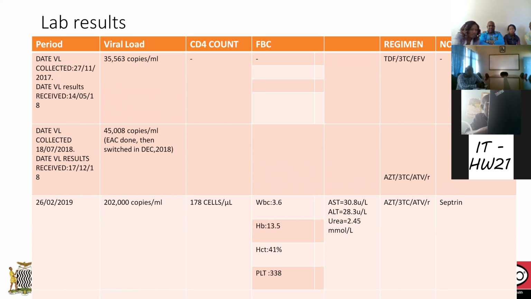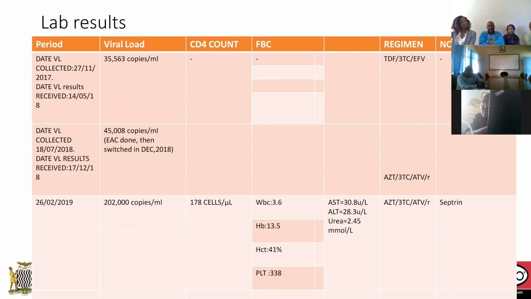And the readings were 45,008 copies per mil. So when we received the second viral load results, we engaged or enrolled the client into EAC, and we collected the specimen again. So by 17th December 2018, when we received the second viral load results, and seeing that the viral load results were again above 1,000, we switched the client to second line.